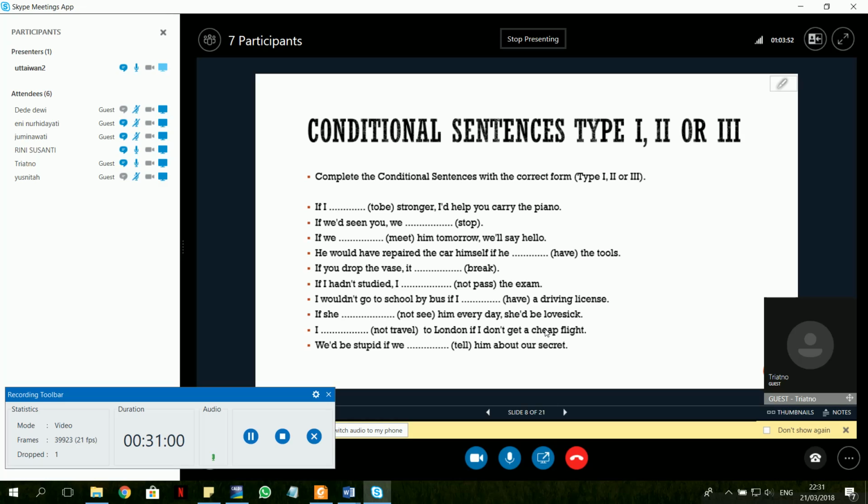Next. No, no, no. The sentence before, I wouldn't go to school by bus if... It is close to correct, but I would had, and the past participle for have is had.